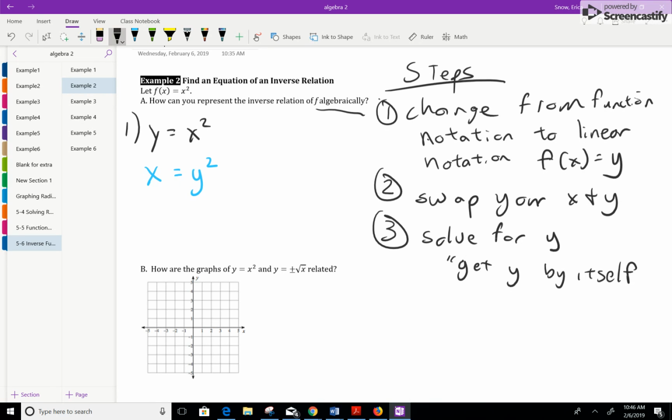To get y by itself, I'm going to change colors here. We're going to take the square root of both sides. So we get the square root of x equals y.